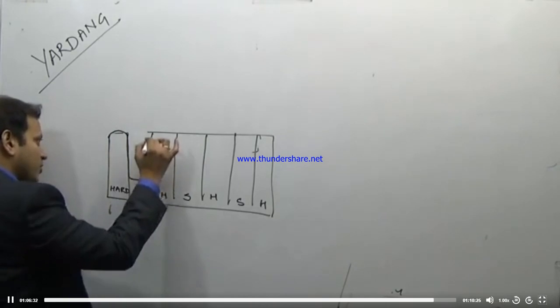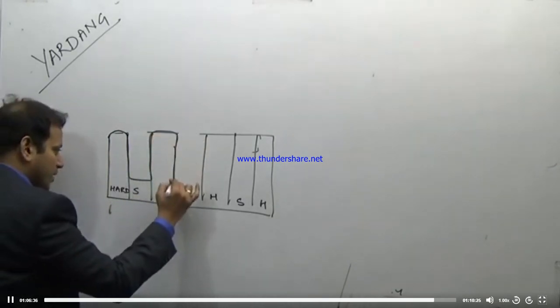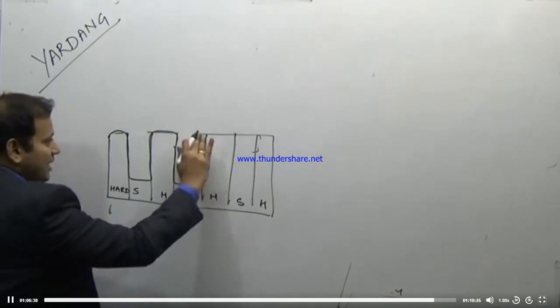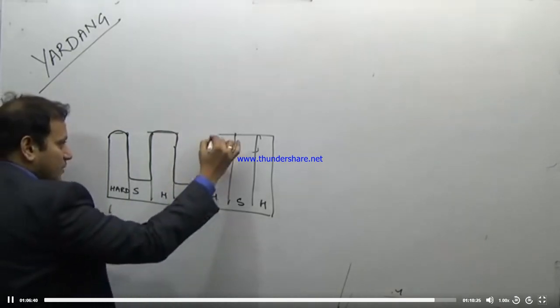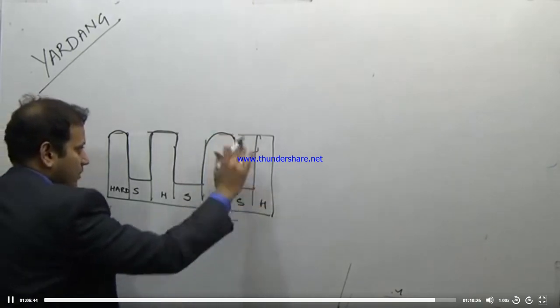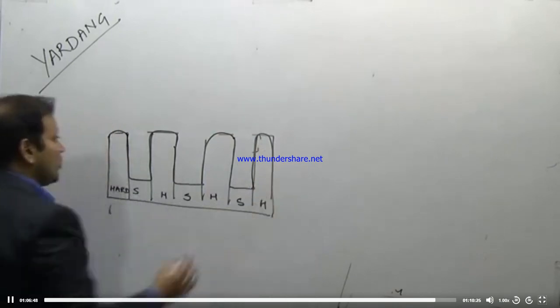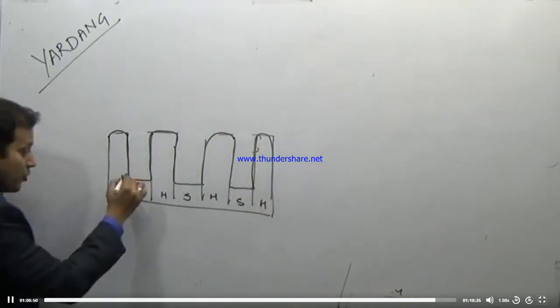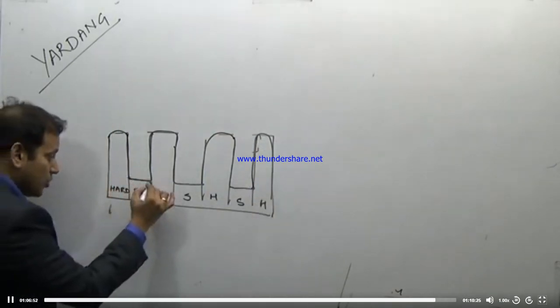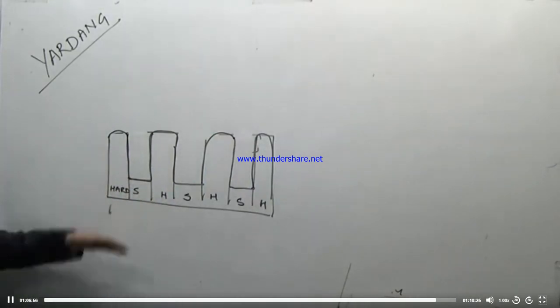So it will result in a topography which looks like a layer of alternate arrangement of hard and soft rock.